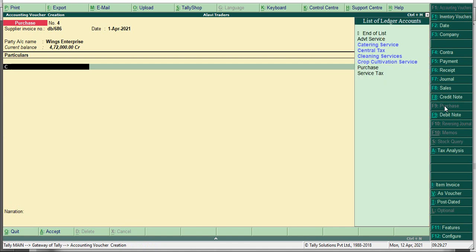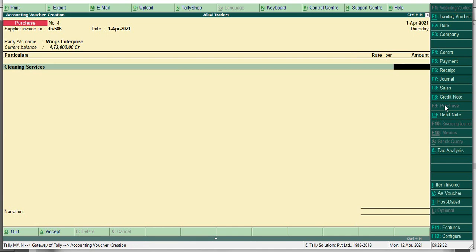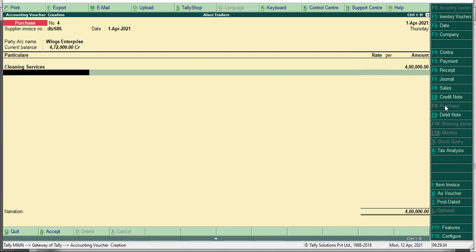Then we have cleaning services. The total cost will be 4 lakhs.